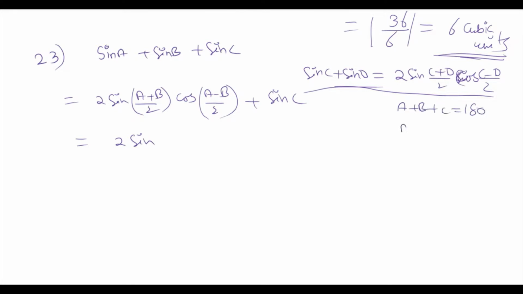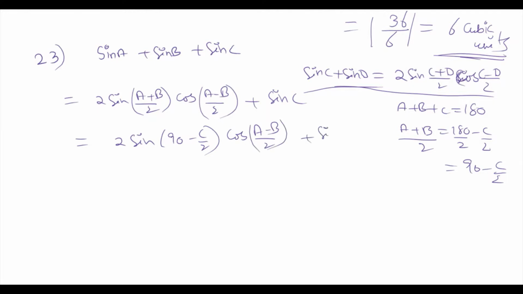From this I can write that A plus B equals 180 minus C, and (A plus B)/2 equals 180/2 minus C/2, that is 90 minus C/2. So 2 sin of (90 minus C/2) into cos of (A minus B)/2 plus sin C.